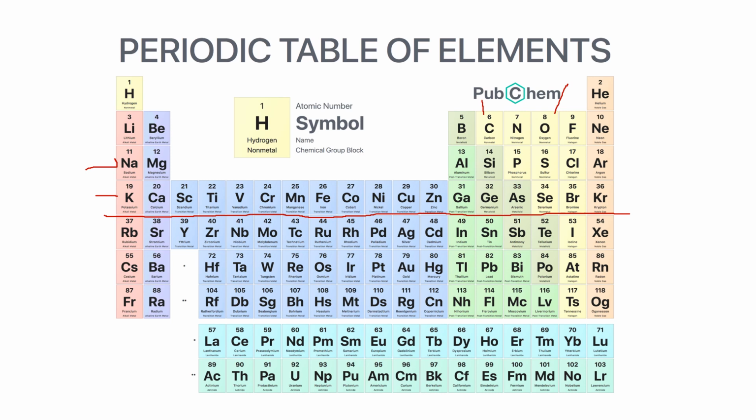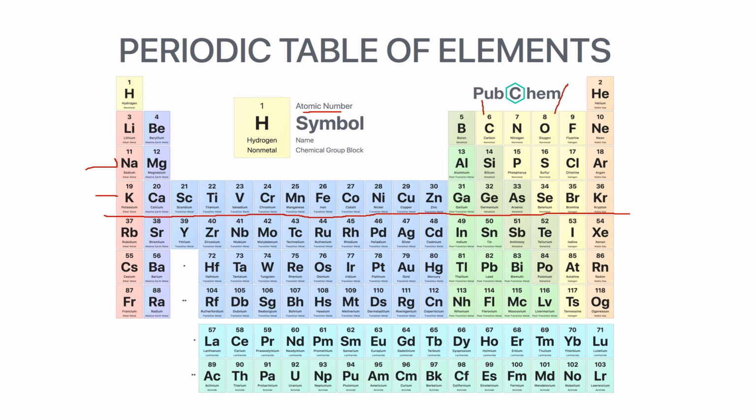Another thing I'll point out here, the atomic number. Now, each of these elements has an atomic number, and it's going to represent the number of protons and also the number of electrons. So for hydrogen, as an example, the atomic number is 1. So there is 1 proton and there is 1 electron for hydrogen.